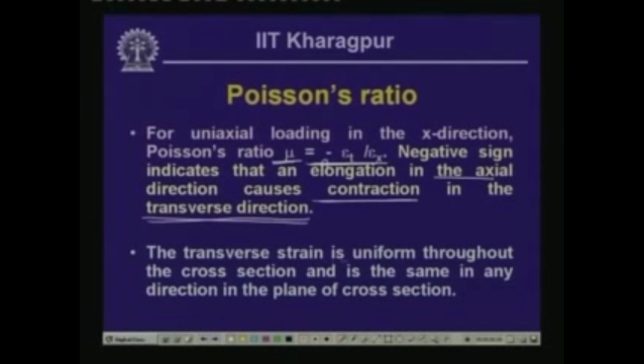and the transverse strain is uniform throughout the cross section and is the same in any direction in the plane of cross section. This is an important point to be noted, that the transverse strain, which could be in the y and the z direction, is uniform throughout the cross section and is the same in any direction in the plane of cross section.